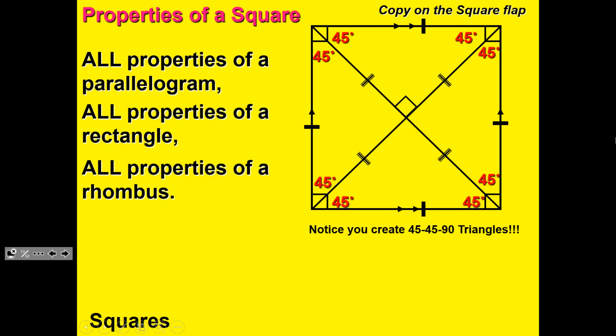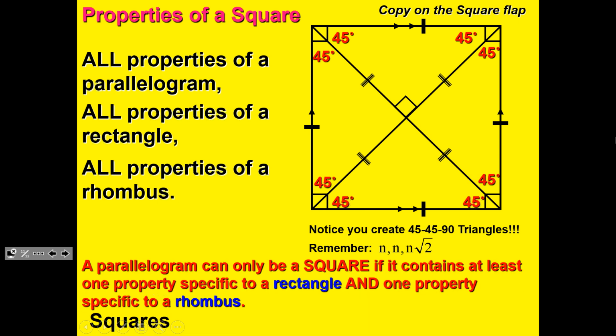So remember, in order to solve for missing sides in a 45, 45, 90, we can use n square root of 2, or x square root of 2, whatever variable you want to put in there. Okay. And then the last thing that we're going to add here is what it takes to prove that you have a square.